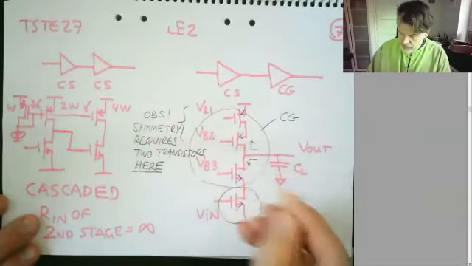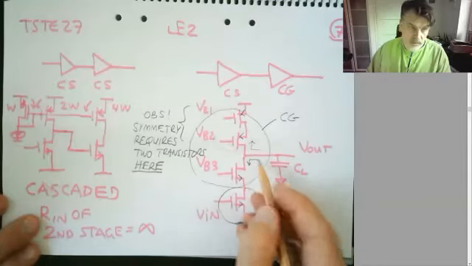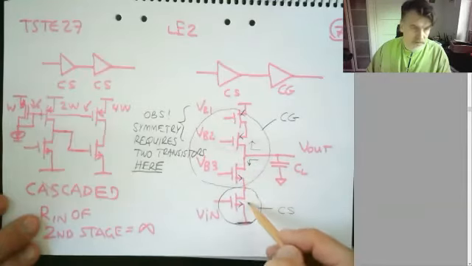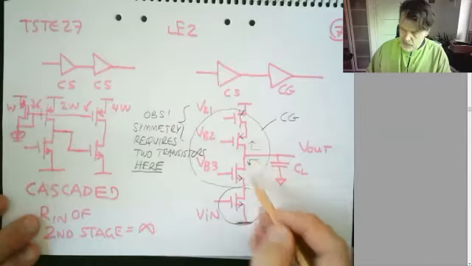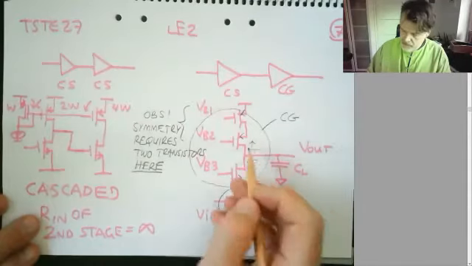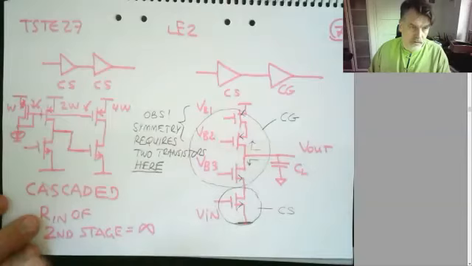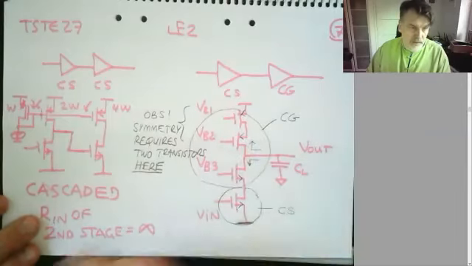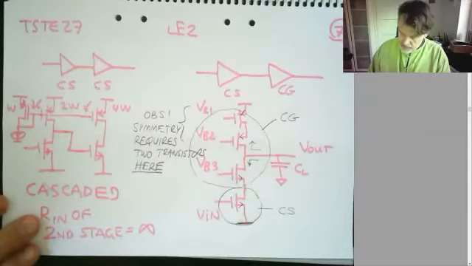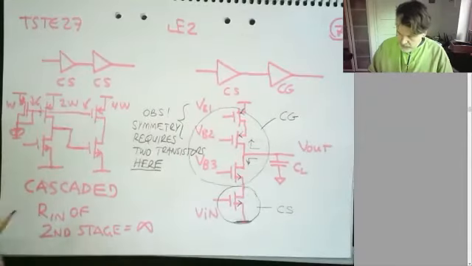If I go down this way and look, then the output impedance will be dependent on two transistors in series. So in order to balance the amplifier, I need to have two in series at the top here. That will increase the output impedance and guarantee high gain for me. So we will come back to that also.